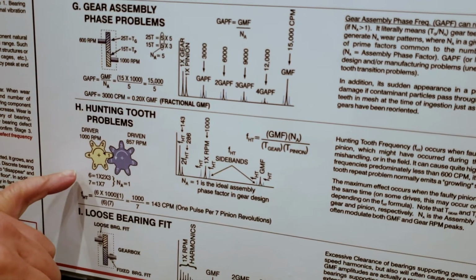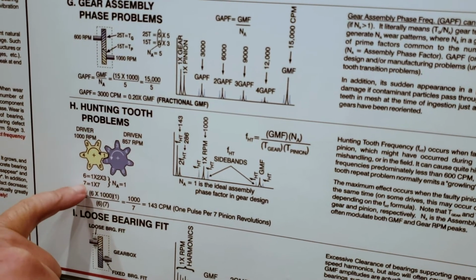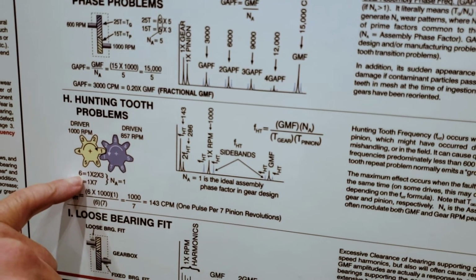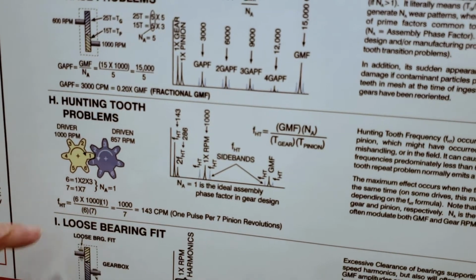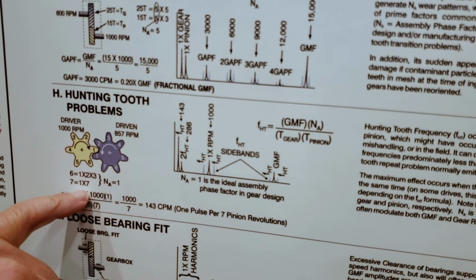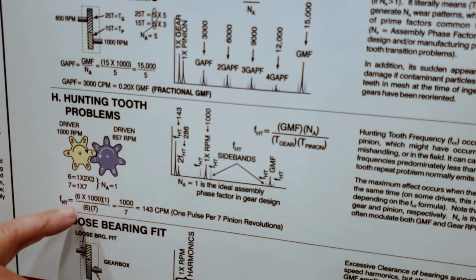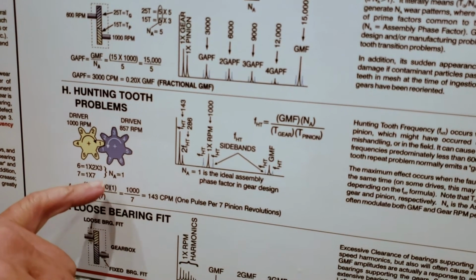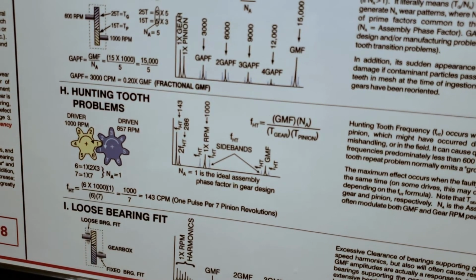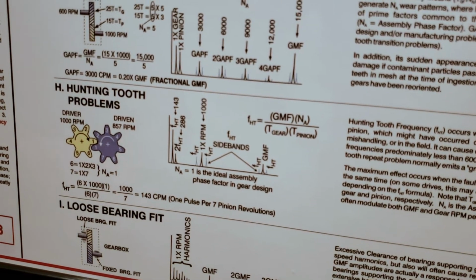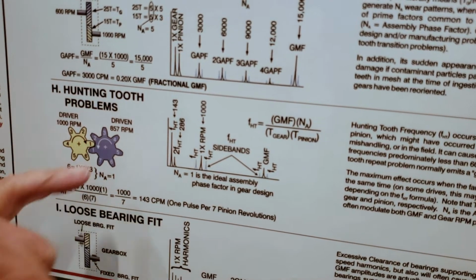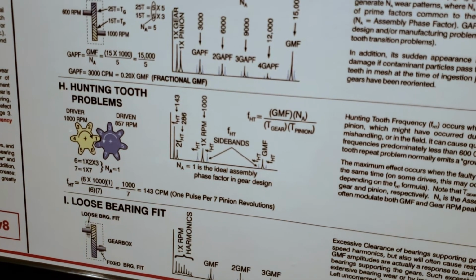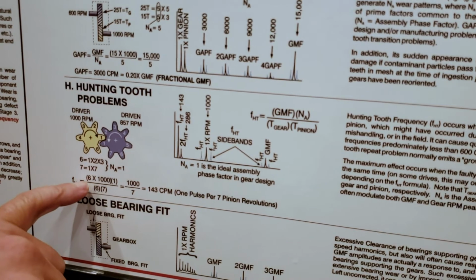If we take the gear tooth counts and factor out the lowest prime factors, 6 has prime factors of 2 and 3, and 7 has a prime factor of 1. None of those factors are common, so the N sub A value in this case works out to be 1.